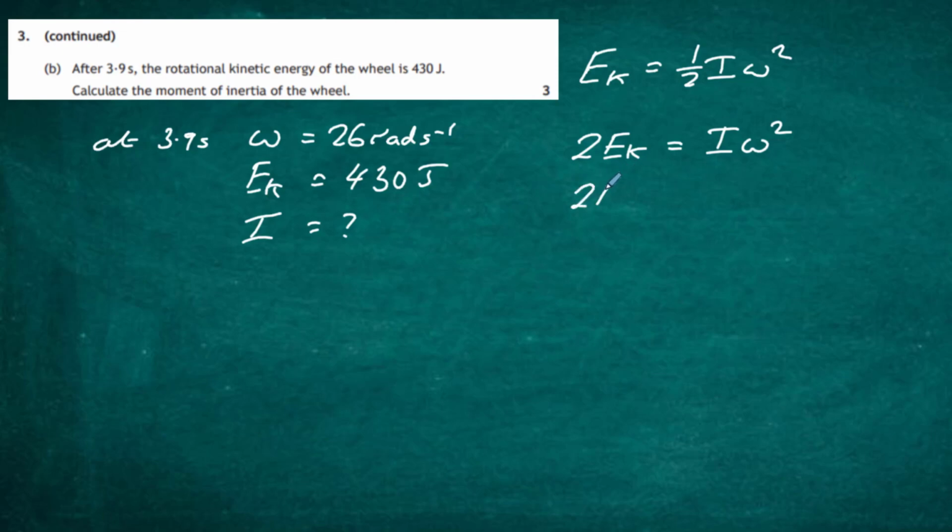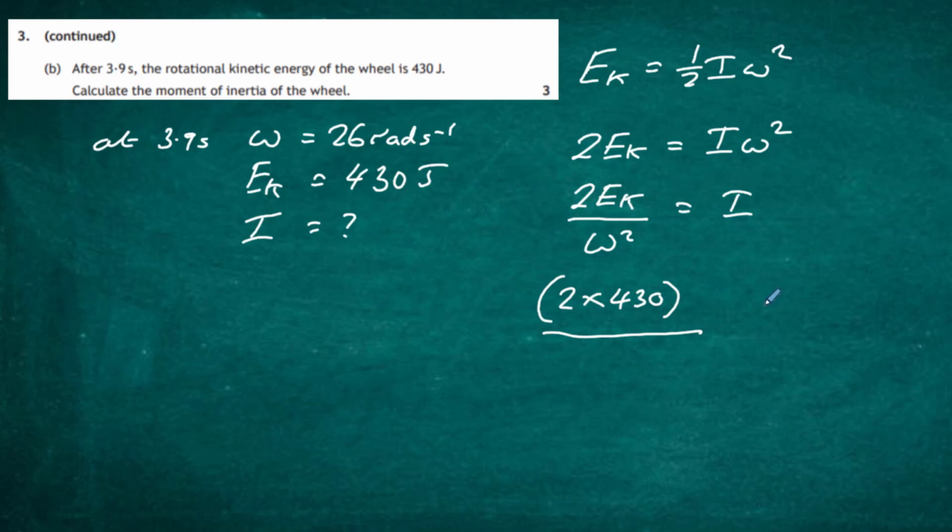And we have 2 times the kinetic energy divided by omega squared, and that's going to give us the moment of inertia I. So all we have to do is put in the numbers, bracket 2 times the kinetic energy, 430. I'm going to divide that by the angular velocity at that particular time, 3.9 seconds, and we're told it's going to be 26 radians per second. And remember, you have to square that.